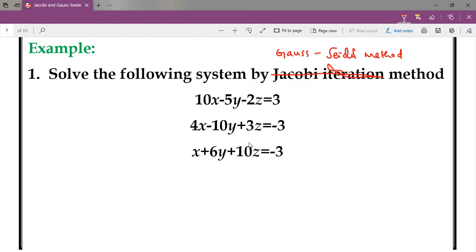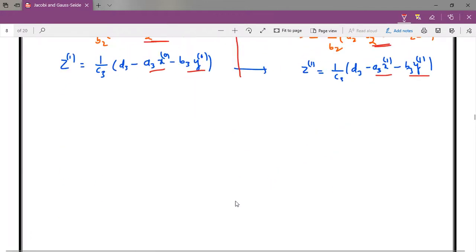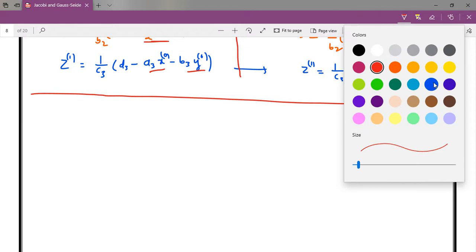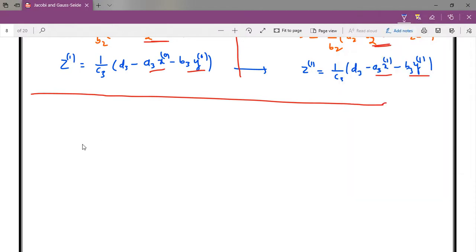So what are the initial values? Here I am starting the solution after knowing the difference between Jacobi and Gauss-Seidel method.